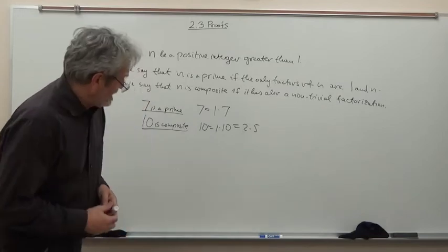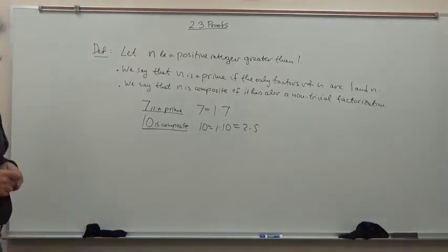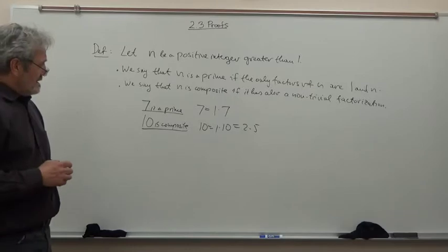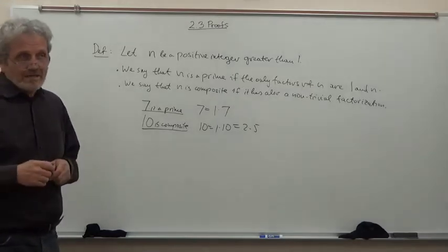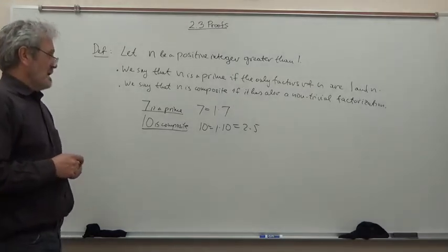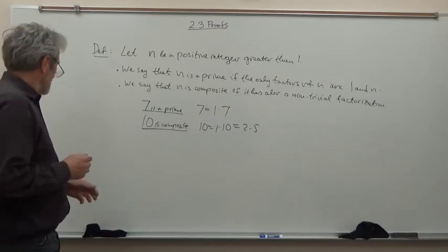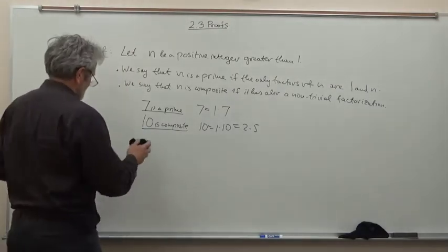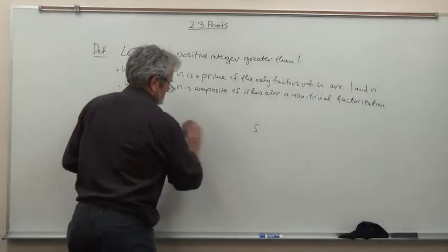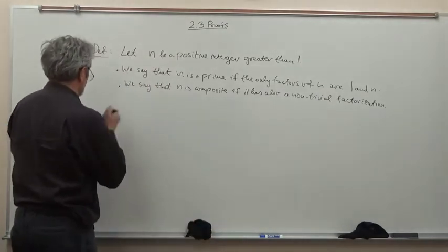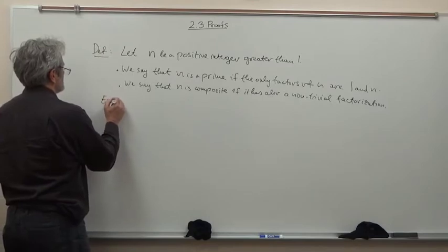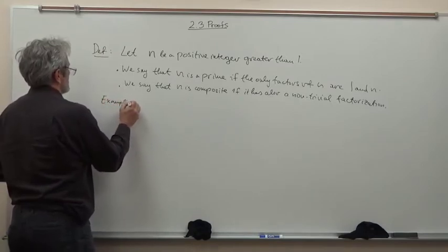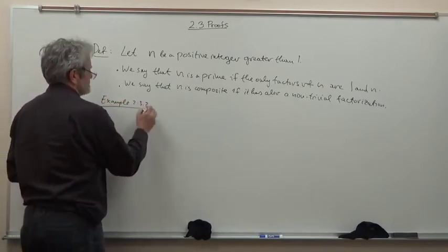All right, and then knowing these two definitions, we can now illustrate a few statements that we prove about prime and composite numbers. So that's example 232. I'll try to squeeze it in here. Example 232.